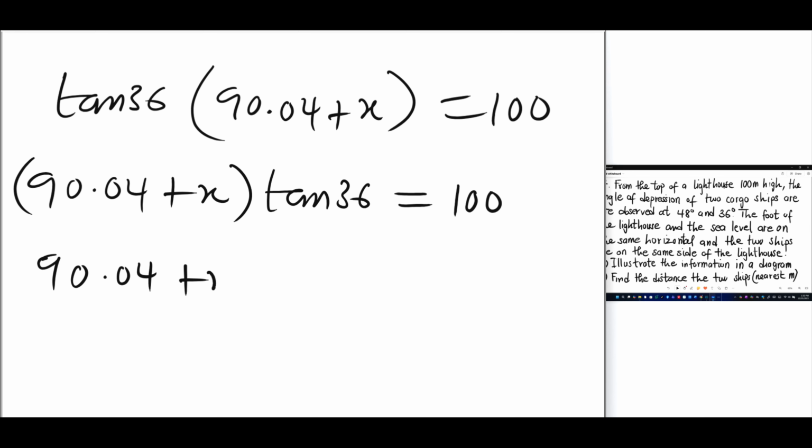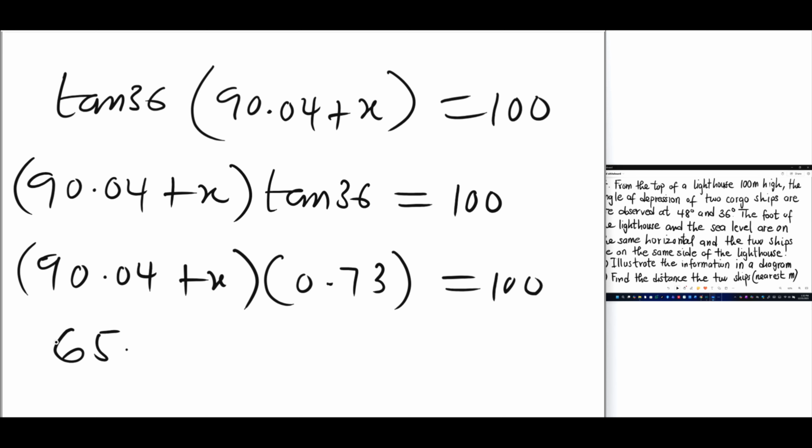So we have 90.04 plus x multiplying 0.73 equal to 100. So we multiply the 90.04 by 0.73. So we are getting 65.42.